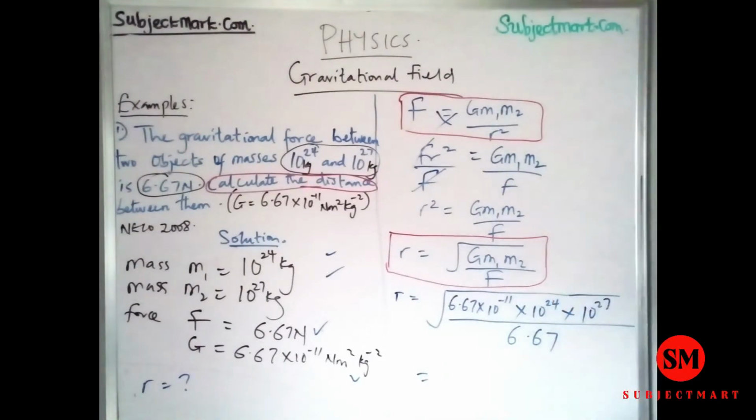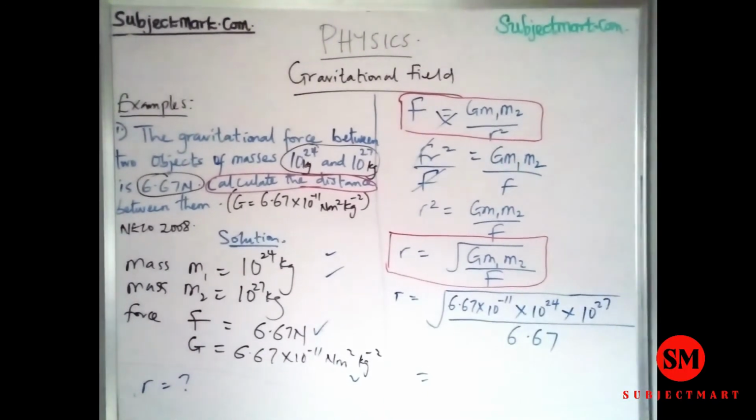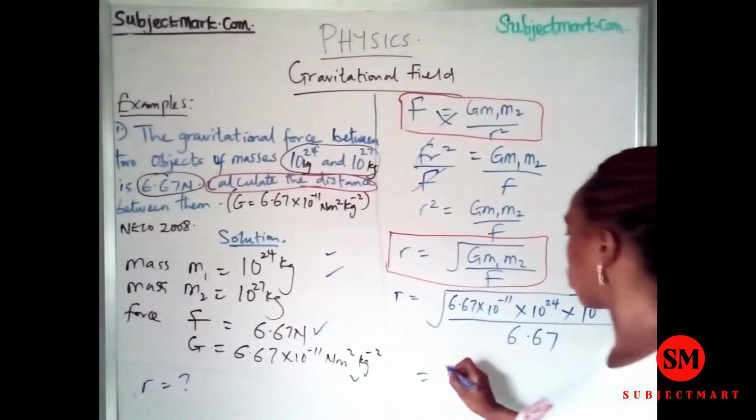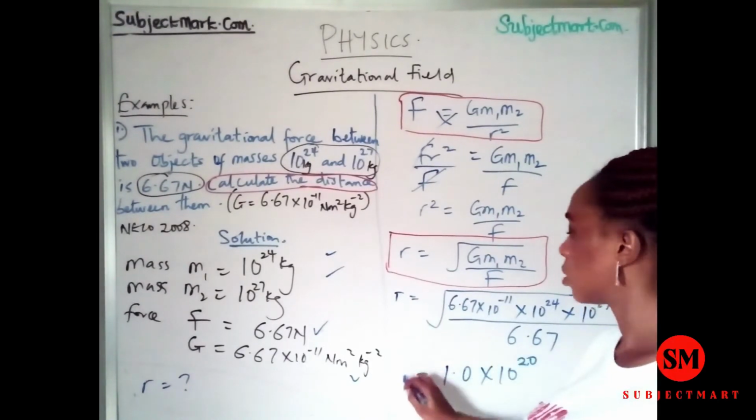So by the time I multiply all of that and divide by 6.67, then take the square root, I have 1.0 times 10 raised to the power 20.